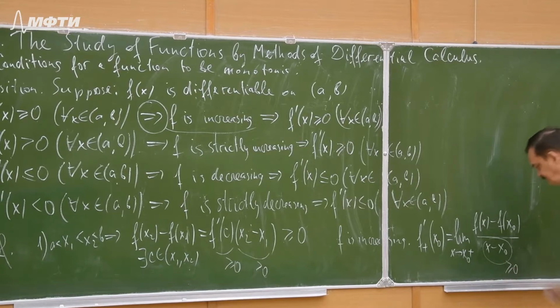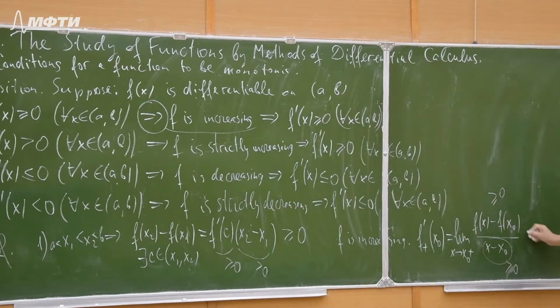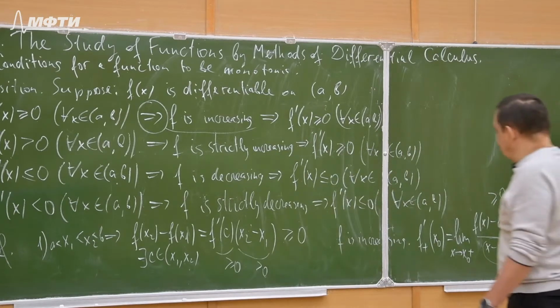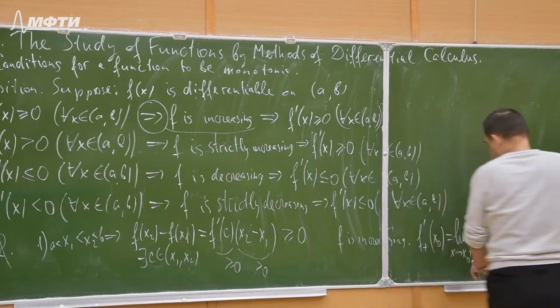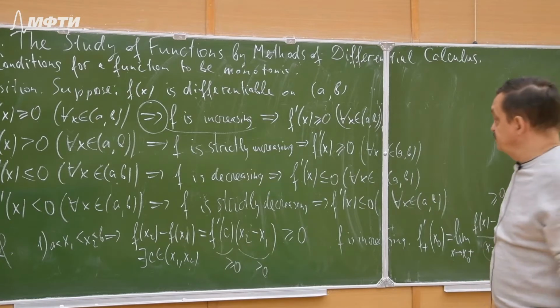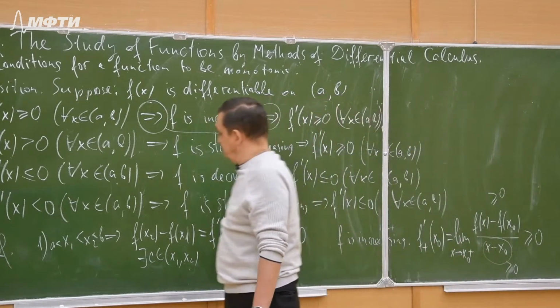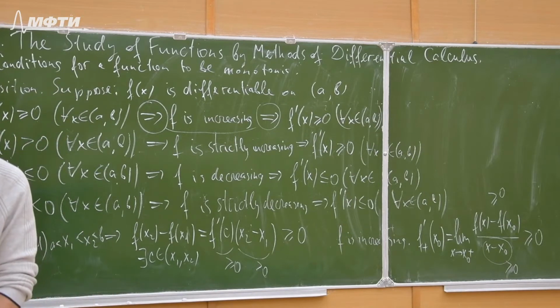The denominator is positive because x tends to x0 from the right. The numerator is non-negative because f is increasing. Hence, the limit is non-negative. Analogously, we can check the limit from the left-hand side. And it gives the second implication, and all other implications are proved in a similar manner.